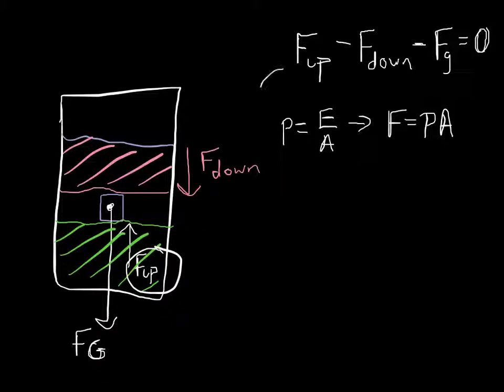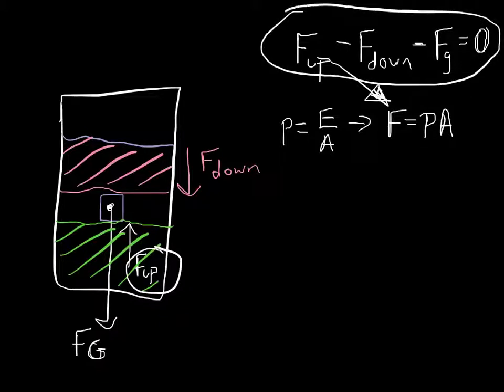So we can use this force equation right here and plug in for pressures. Instead of using forces, we're going to solve this Newton's second law equation in terms of pressures.